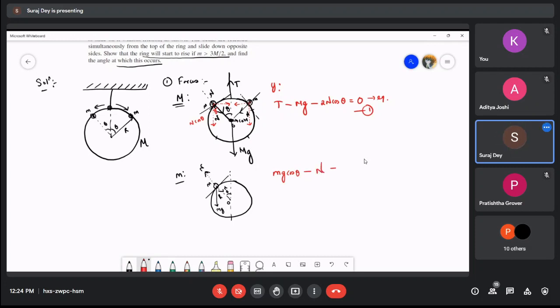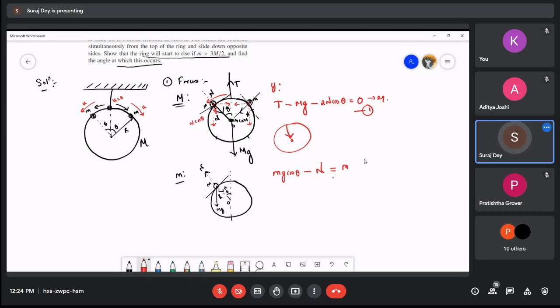minus N. And remember that these masses are also moving with a certain velocity, right? So in this setup here, they start from this position where velocity is 0, and then they start moving. So at any instant, they're moving in a circle. And because of the circular motion, we know that there's a centripetal acceleration towards the center.